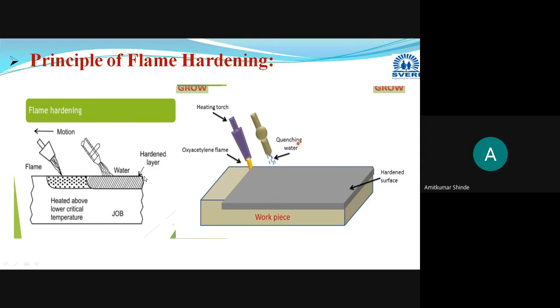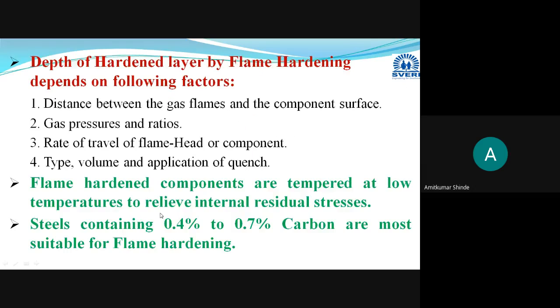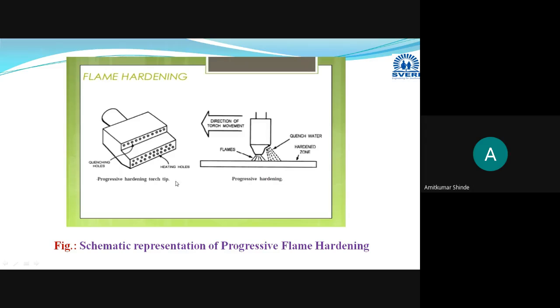Then the second type here is progressive flame hardening. Now, in the progressive flame hardening, I have two diagrams. Okay, this is your progressive flame hardening. Here, this is your job, or the workpiece, and this is the hardening torch, the progressive hardening torch.